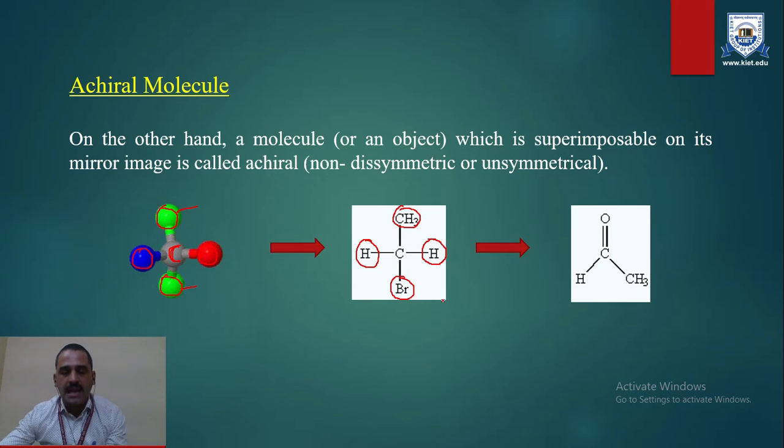So an achiral carbon generally has two similar functional groups, like here you can see. One more molecular representation is present here.